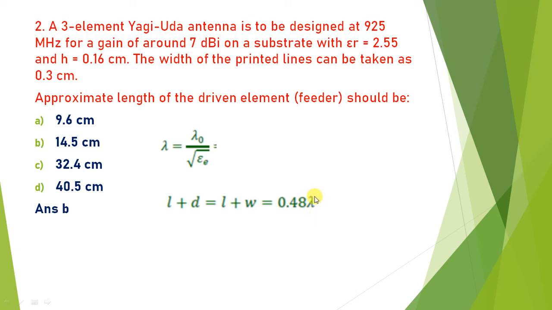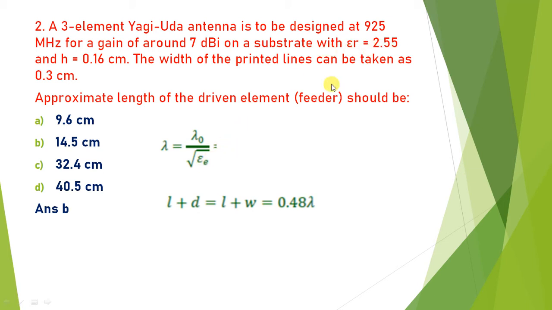Here lambda is equal to C by F, that is normal, but here it is a printed Yagi-Uda antenna, so we have to take care of this epsilon r. In that case, this lambda is nothing but lambda 0 divided by the square root of epsilon e, and lambda 0 is nothing but C divided by F. C is the velocity of light, and F is the frequency, which is given to you. Epsilon e is not given, but epsilon r is given, 2.55.